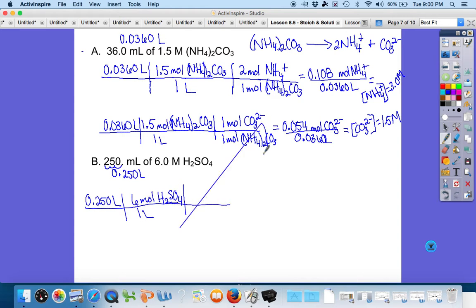And again, got to go back and get our dissociation equation done. This is usually the point where I remember that, oh yeah, I need to do that.